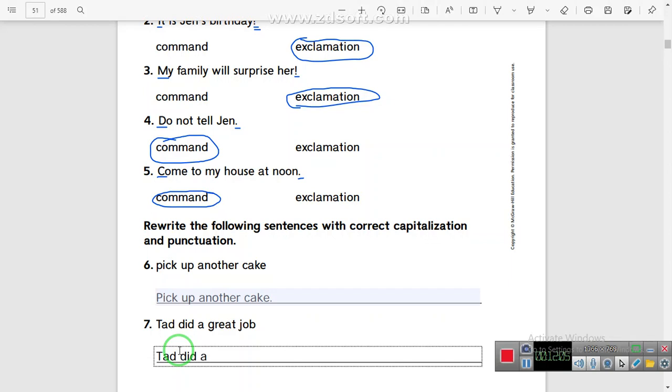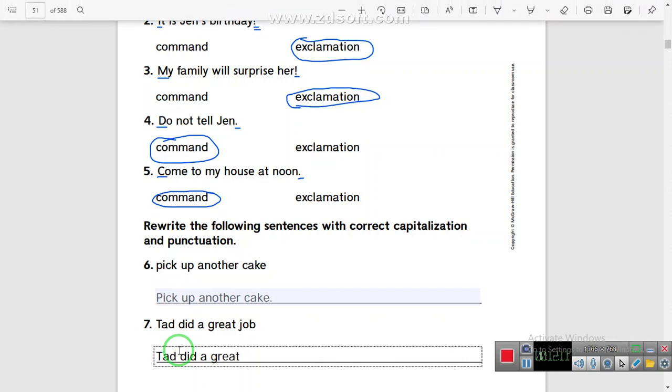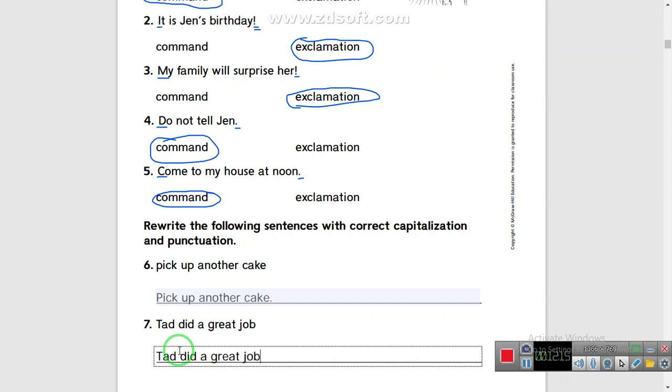It begins already with a capital letter, so we keep the letter T capital and we write it again on the line. But with what should an exclamation end? The question mark? No. With a period? No. It should end with an exclamation mark. That's right.